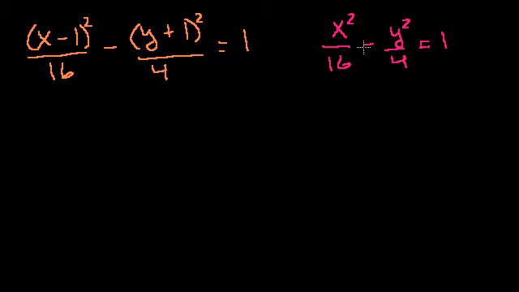And the difference between this hyperbola and this hyperbola is that the center of this hyperbola is at the point x is equal to 1, y is equal to minus 1. The way to think about it is x equals 1 makes this whole term 0, and y equal to minus 1 makes this whole term 0. And on the other one, of course, the center is the origin.